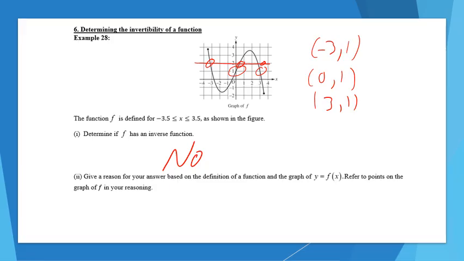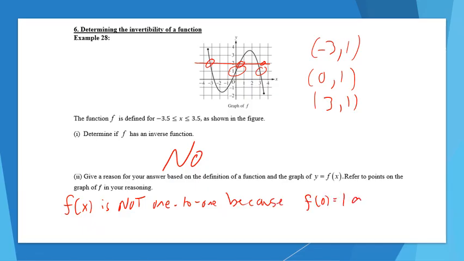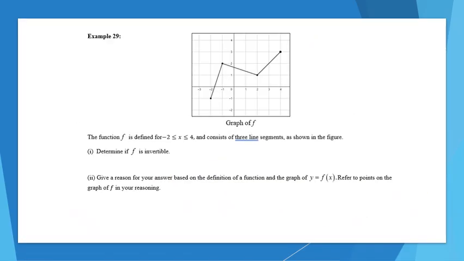So I would say no, and then I would say f of x is not 1 to 1 because f of 0 equals 1 and f of 3 equals 1. So that would be my answer there.